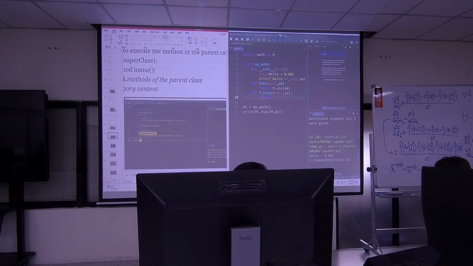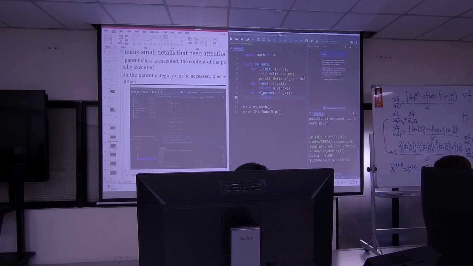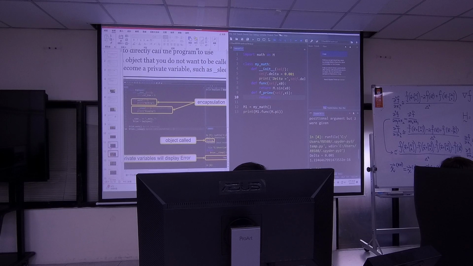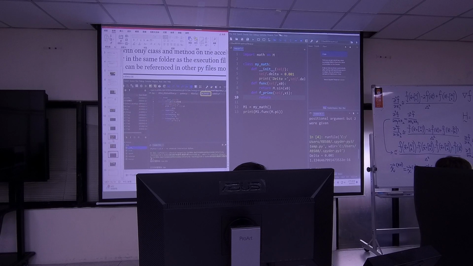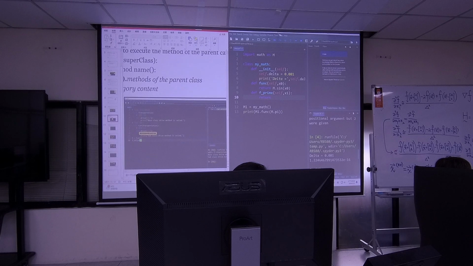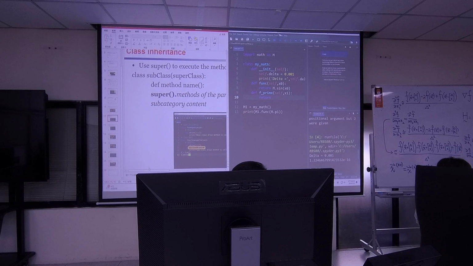You're calling another function inside a function. Just make sure I'm doing this right. Okay, I should be able to do something like this here.